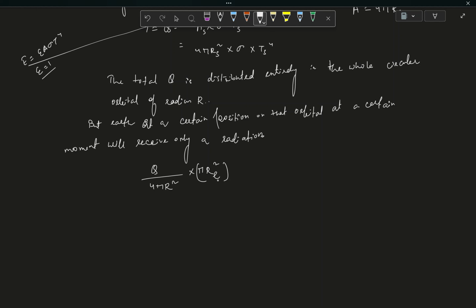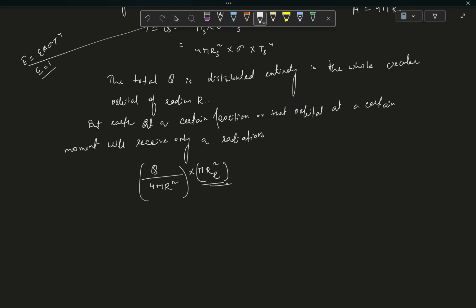So this is the thing, that the total radiation is distributed over the entire area of the circular orbital. That is why you take the energy per area per time as Q by 4 pi r squared, that the Earth is possible to get. Then how much is exactly falling on Earth to actually increase its temperature is obtained by multiplying this area dimension.